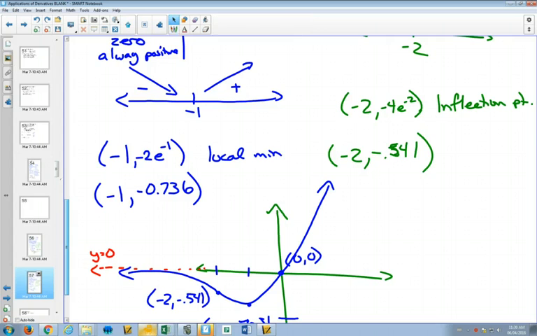Now, since this question would have required that you use a calculator to get decimal values of those points to get an idea to graph it anyways, then you would have your graphing calculator and you could plug in big numbers for x like negative 1,000 and see what happens.